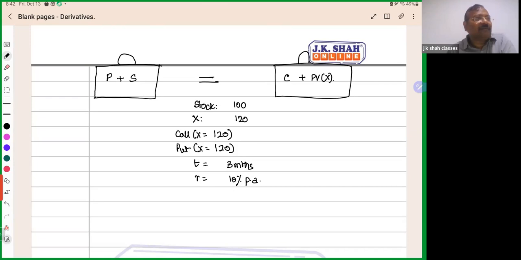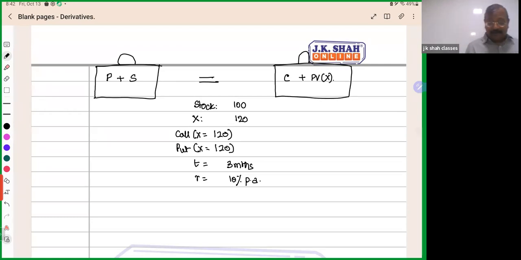So what will be the present value? तीन महीने के बाद अगर 120 रुपया चाहिए आपको, कितना करोगे? 120 divided by (1 plus 0.1 divided by 4) is 117.07. You will invest 117.07 today.